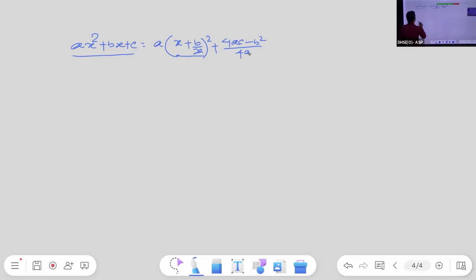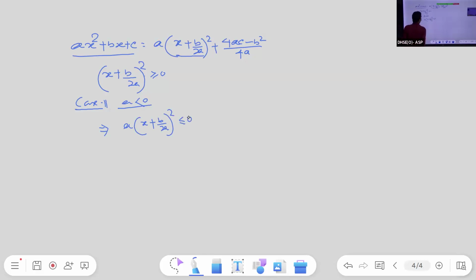We have to deal with the second case. We have x plus b by 2a whole square greater or equal to 0. Case 2, either a is positive or a is negative. Already we have discussed a is positive. Now take the case a less than 0, a is negative. If you multiply a negative quantity with a positive quantity, then the product will be negative. This implies a into x plus b by 2a whole square is less or equal to 0.